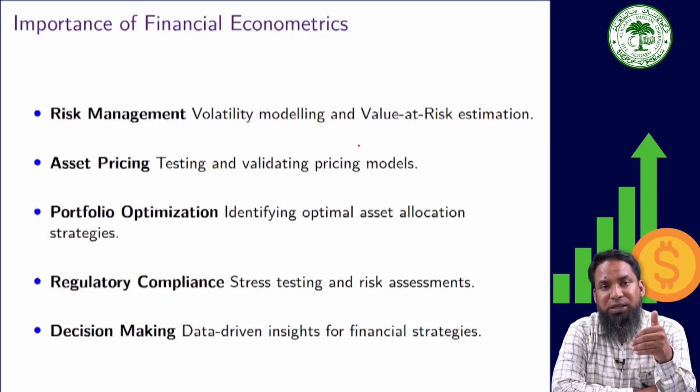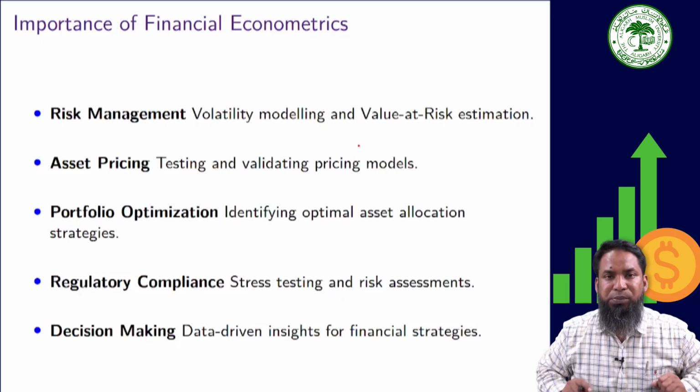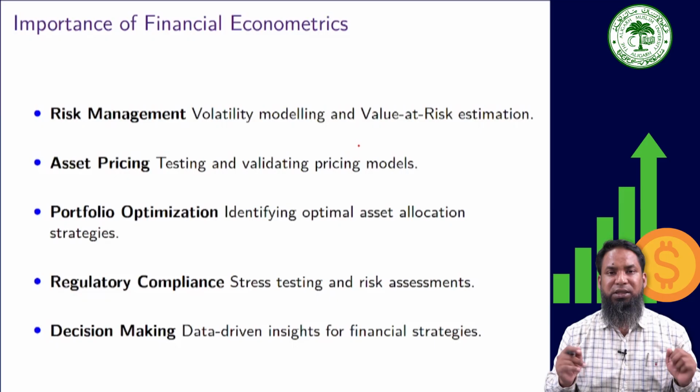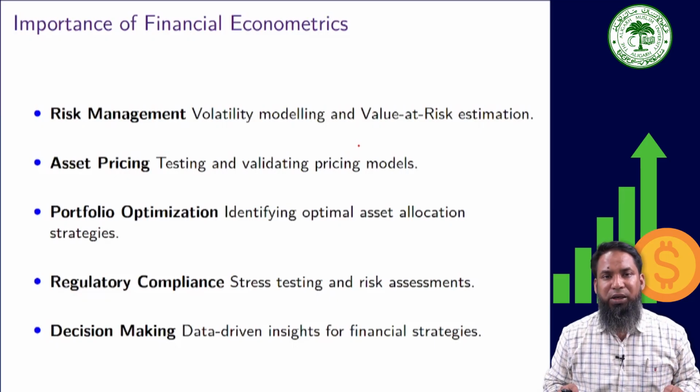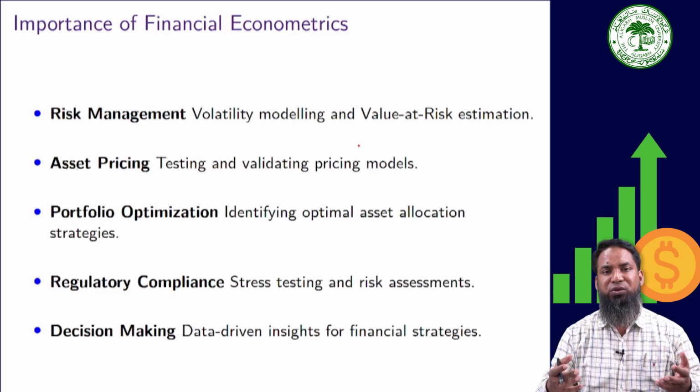And it also helps us in decision making. For example, whether it's an investor or a borrower, it helps everyone. Financial econometrics helps to make decisions. Is it the right time to borrow from the market, or the right time to invest in the market?